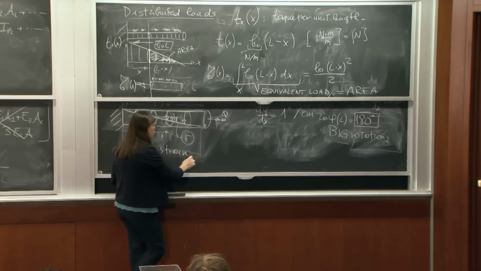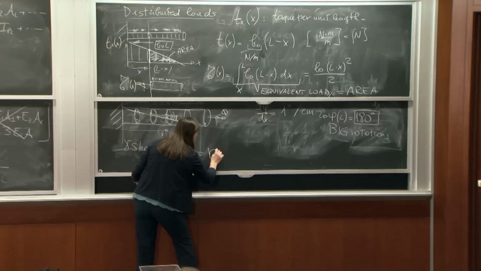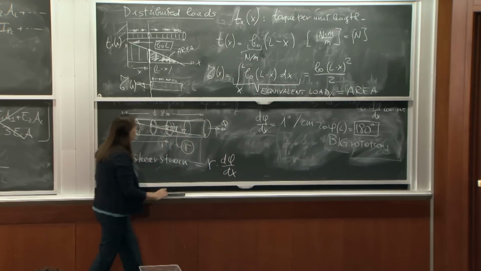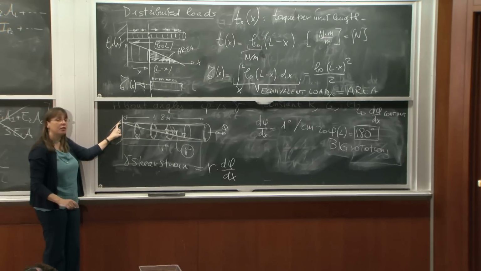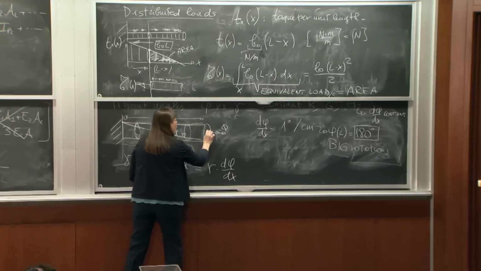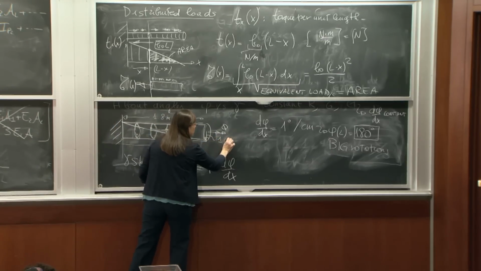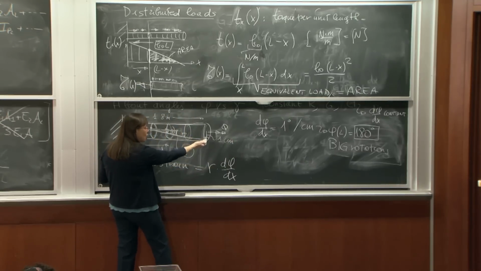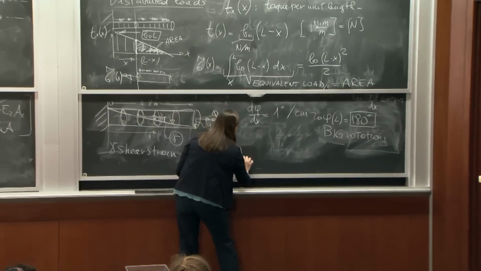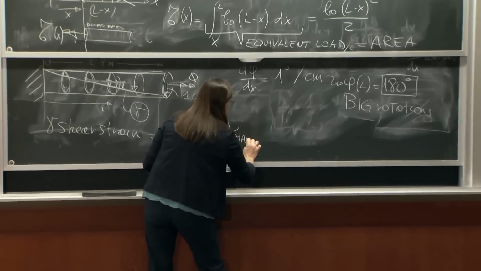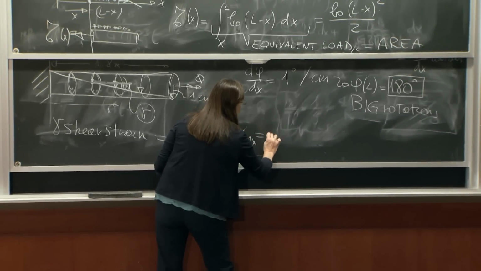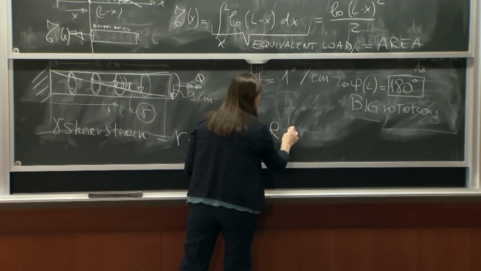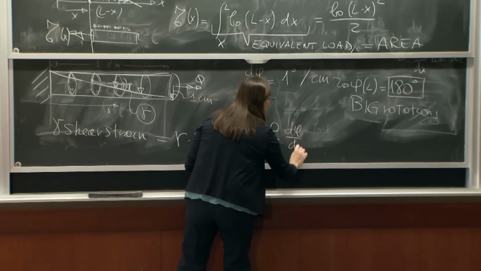What is the equation for the shear strain? That's equal to the radius times d phi dx. Say that my shaft has a radius of 1 centimeter. Then my maximum gamma on the section, which is the gamma max, which is at the radius equal to the big radius, is big radius times d phi dx.